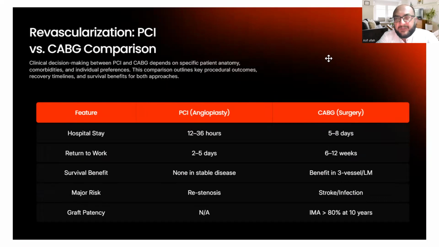There is another way to go, invasively. If your medical therapy fails, you go for PCI, angioplasty and stenting.